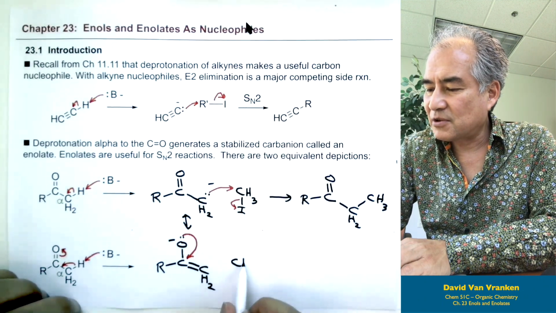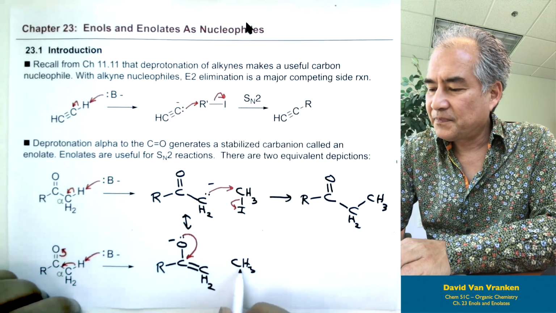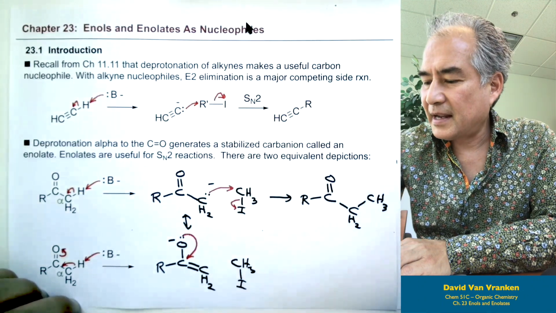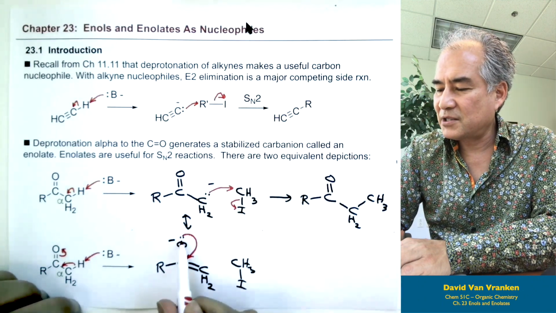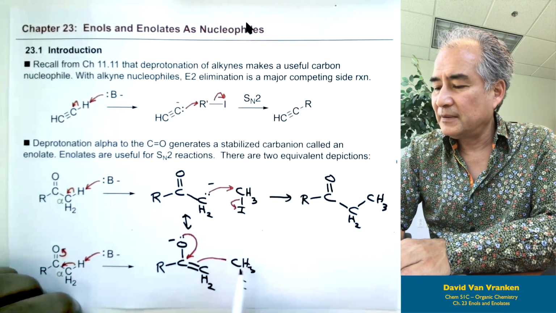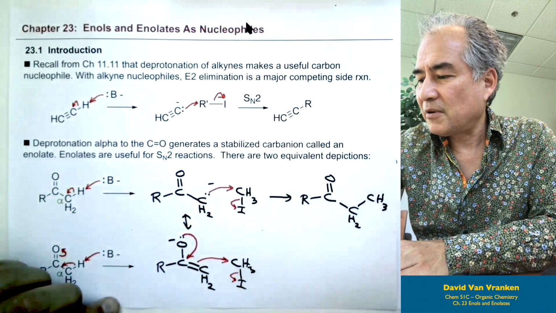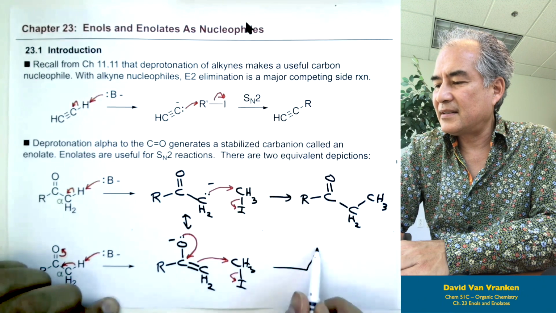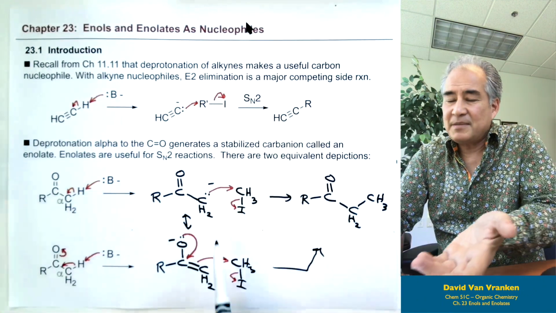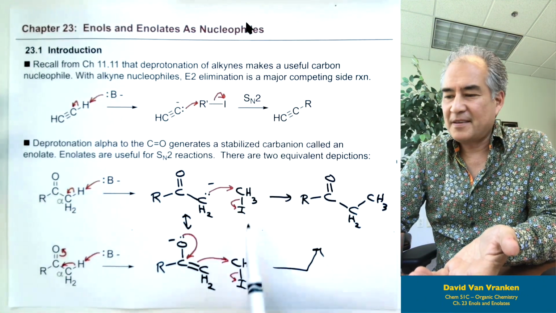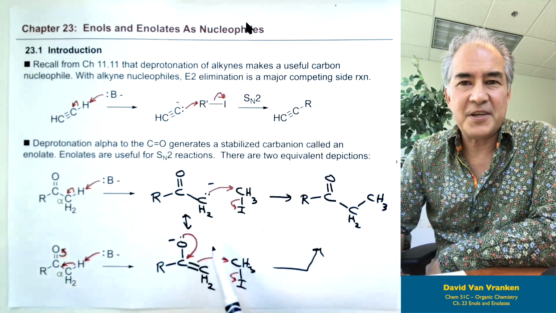I can take my same electrophile, methyl iodide, and I can start my arrow pushing here from the oxygen lone pair, and then push over like this, and then push out the leaving group. And that leads to the same structure. These mean exactly the same thing, these two different ways of pushing arrows.